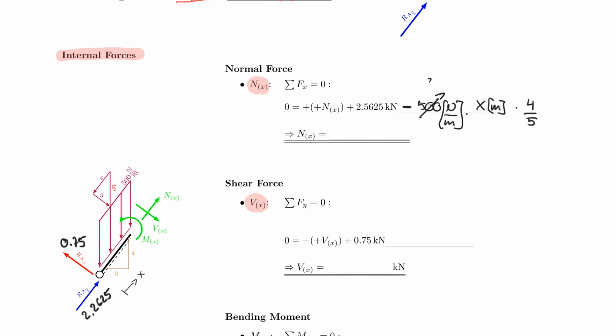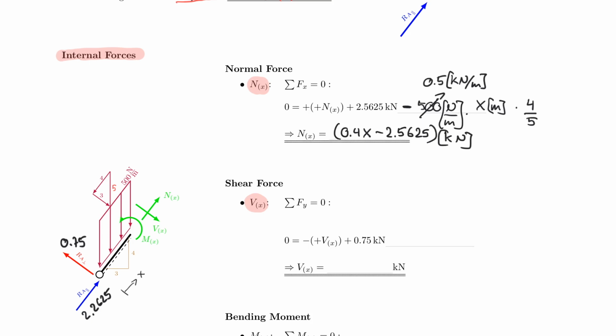So this here would be 0.5 kilonewton per meter. And now I can combine the units, and I will find that I end up with 0.4x minus 2.565. And of course the whole thing is in kilonewton.